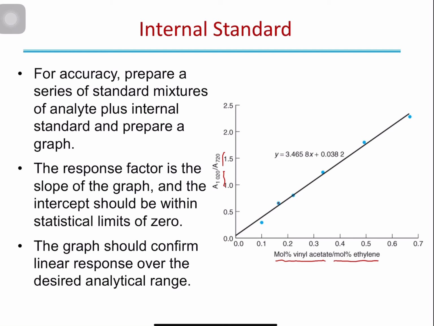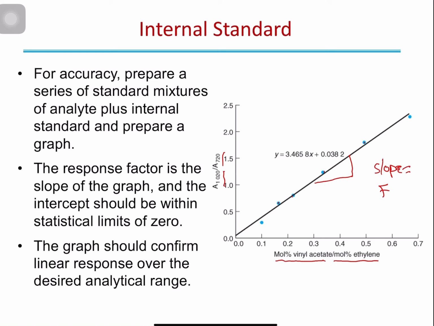As you see, not all the points are on the linear curve, but we use the method of least squares, and in this case the response factor will be the slope of the curve. This will help us guard against errors, especially random errors, because as I have always been saying, if there is any systematic error in your experiment, then you should discard the data point, or discard your analysis completely.